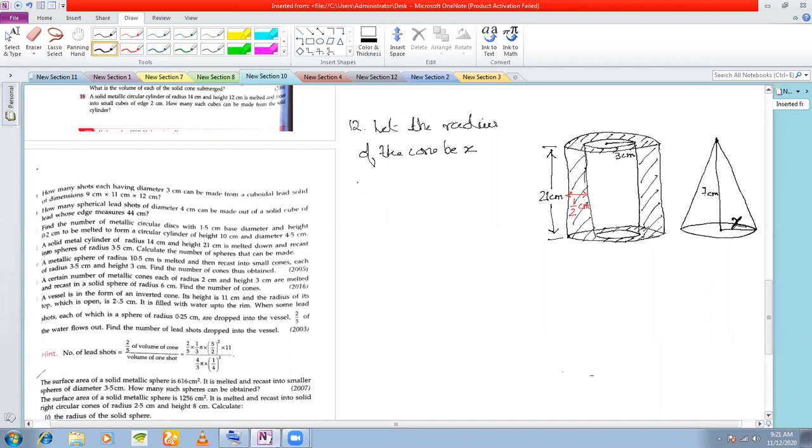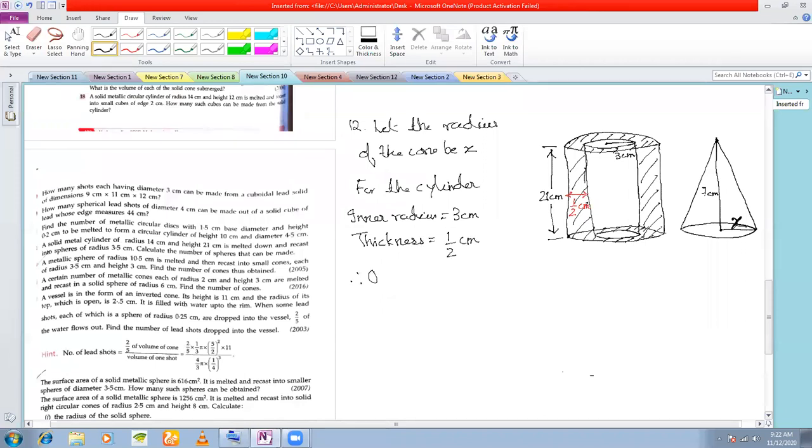For the cylinder, what is your inner radius? Inner radius is given to be 3 centimeters. Thickness here is given to be half centimeter.